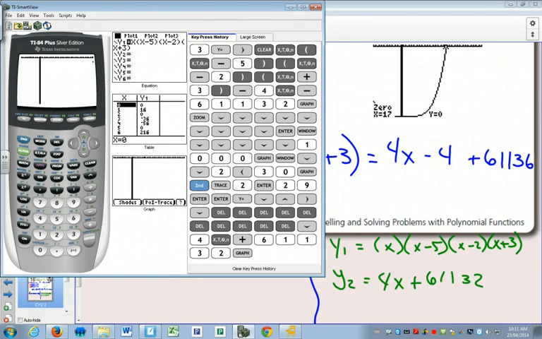And again, when I graph it, maybe nothing shows up now, because the window was set up for the last one. So again, I'm going to go to zoom. I'm going to try the zoom fit, just to see what it comes up with as a starting point. There's my one graph, and there's my other graph.